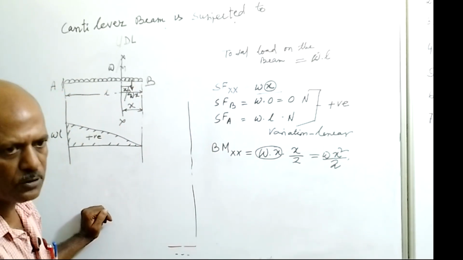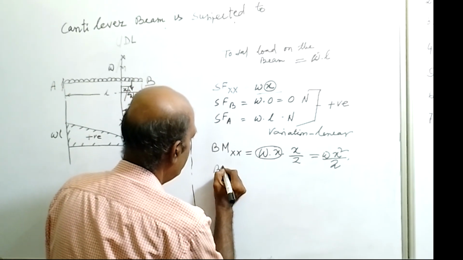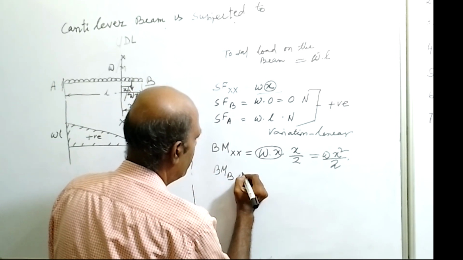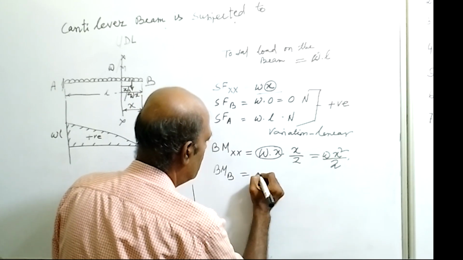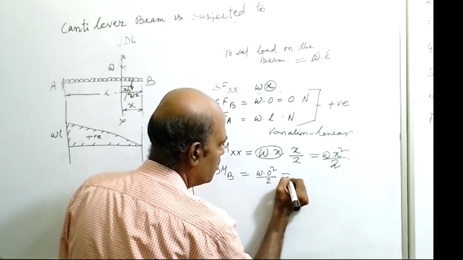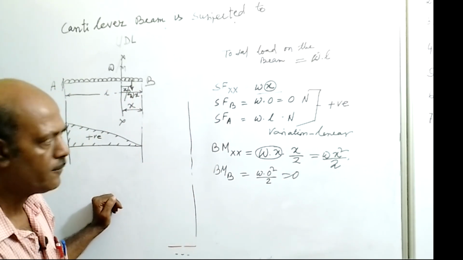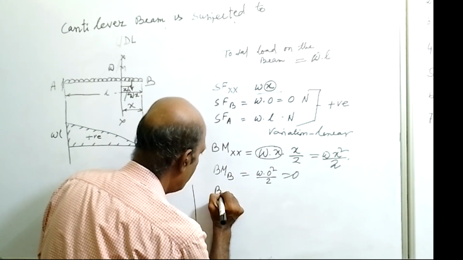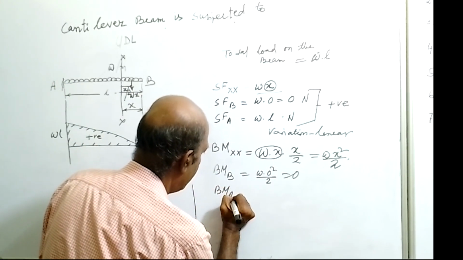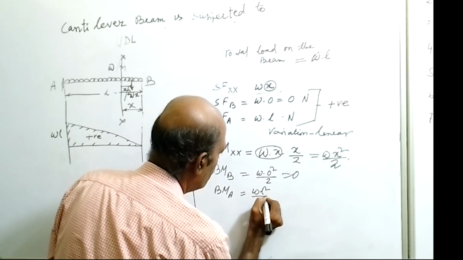Now slide the section to point B. Bending moment at point B, x value will be 0, so w into 0 square by 2, that is 0. And slide the section to point A. Then we will get bending moment at point A. How much? w into L square by 2.